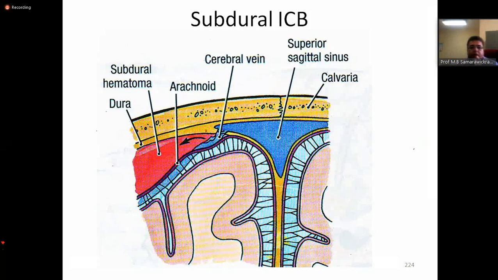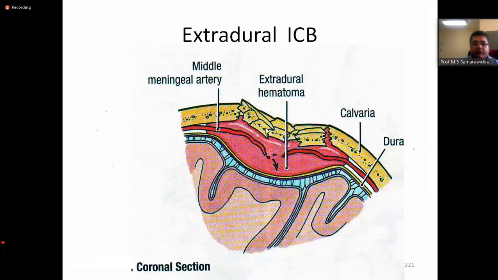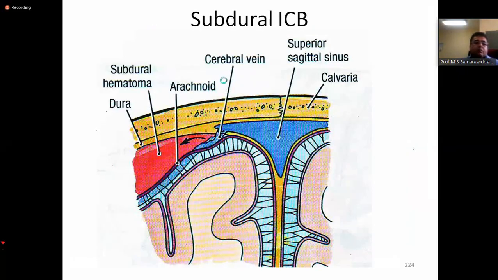So usually extradural hemorrhages are accompanied by skull fractures, but subdural hemorrhages are not necessarily accompanied by skull fractures, right?